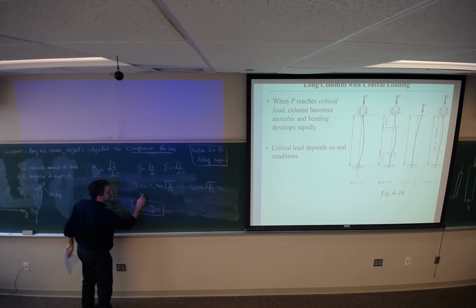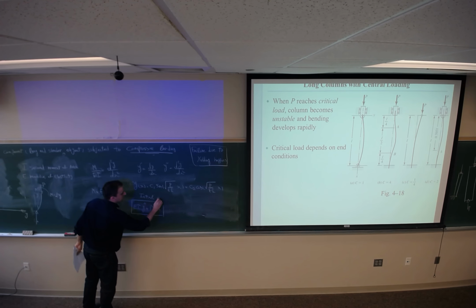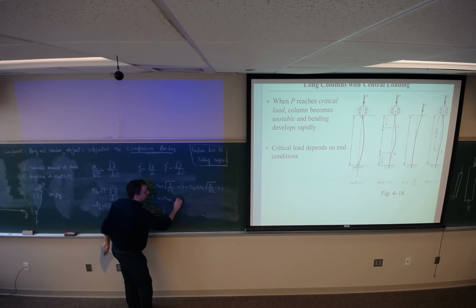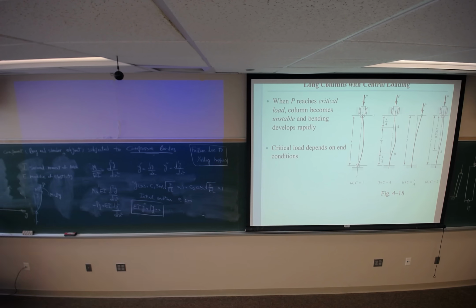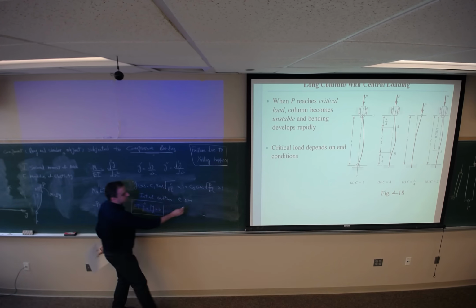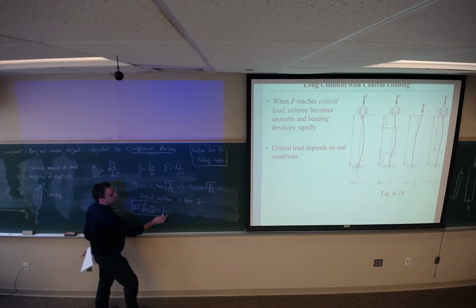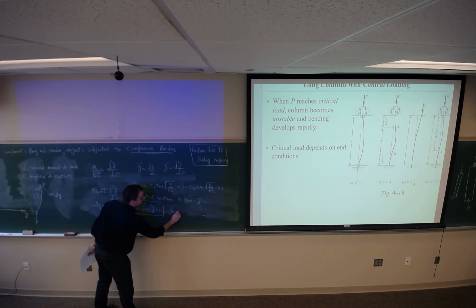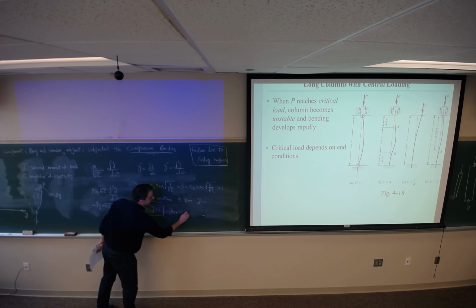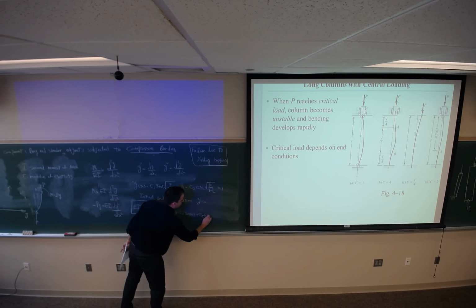Initial condition: at x equals 0, which is this point, Y is 0. We don't have any deflection. So just plugging in x equals 0, Y at 0 would be C1 sine of 0 plus C2 cosine of 0.